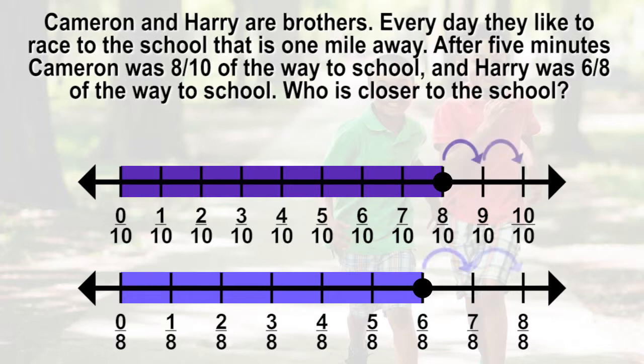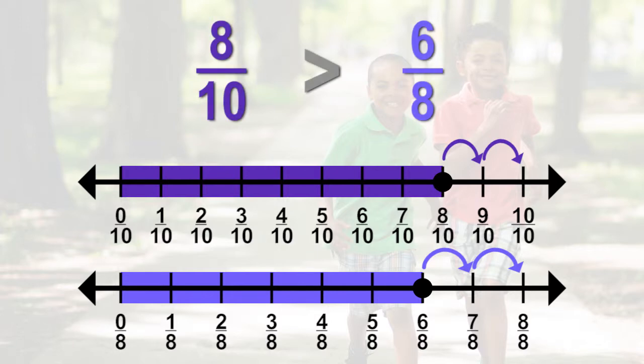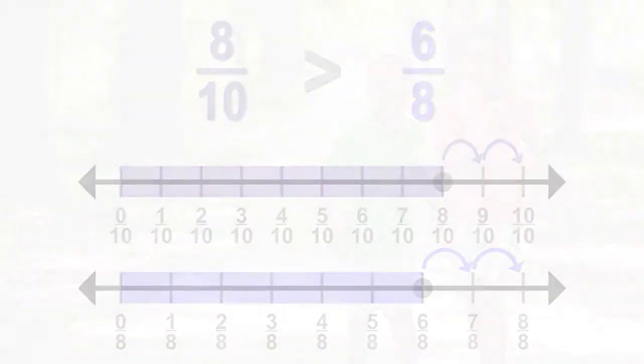Notice both are 2 jumps away from the whole, and we know that tenths are smaller than eighths, so there is a smaller portion missing from 8/10. You may need to help your child understand that the fraction with the smaller portion missing is the larger fraction. In this case, this means that 8/10 is greater than 6/8, so Cameron is closer to the school.